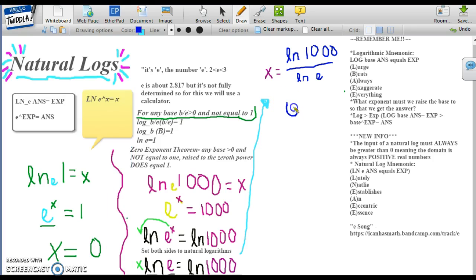Just write that here, 6.908, to the thousandths. And that's how you solve for natural logs.